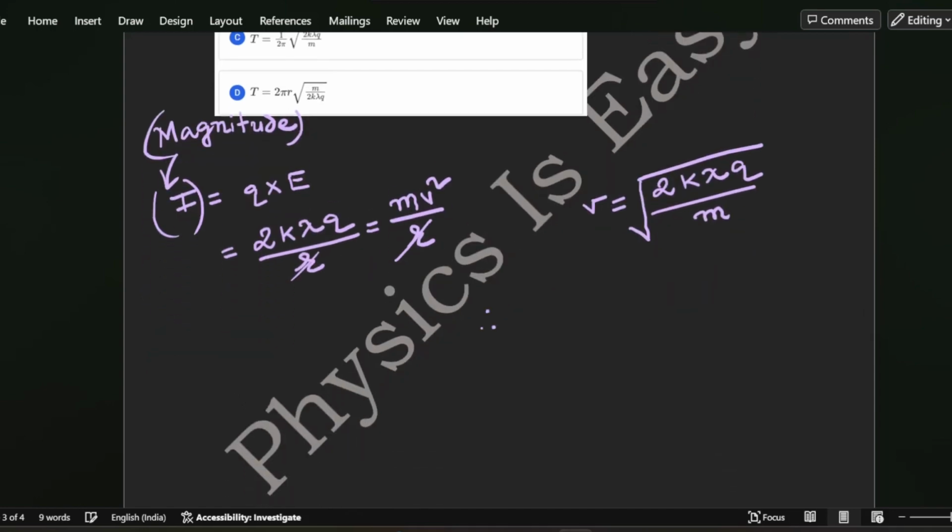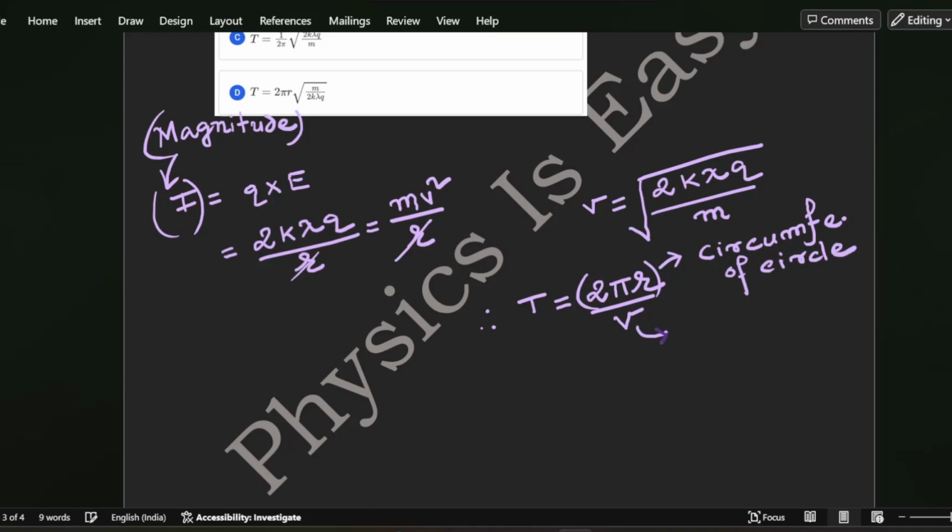Okay, and now we have been asked to find the time period, and you know that T equals 2 pi r by v. 2 pi r is the distance, or you can say the circumference of a circle, and v is the linear velocity.